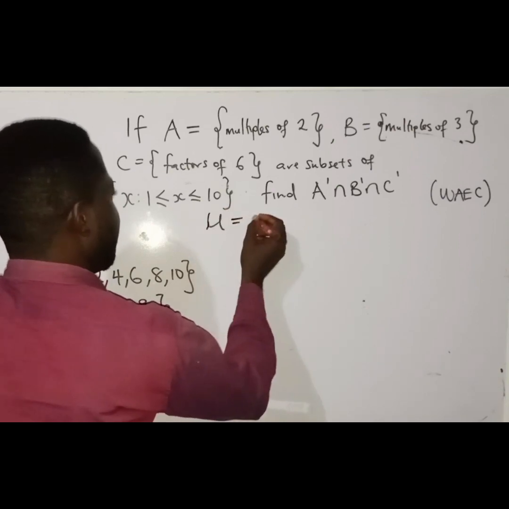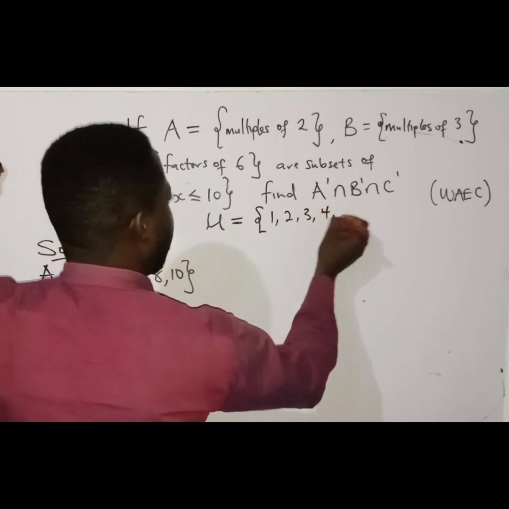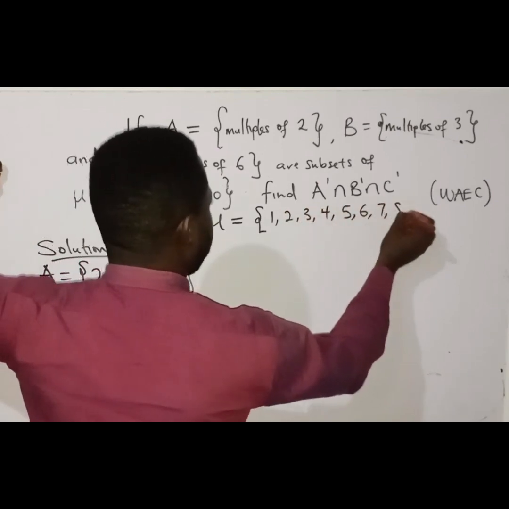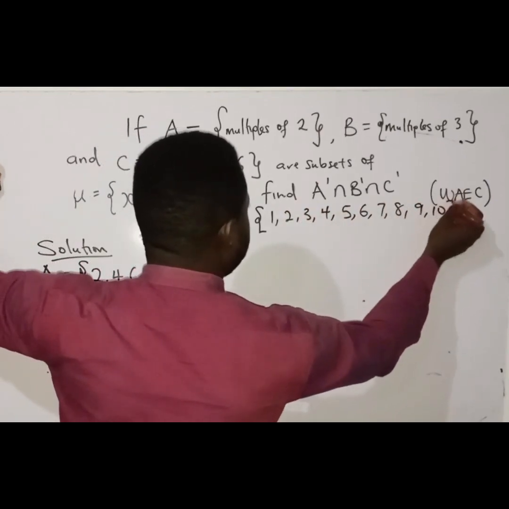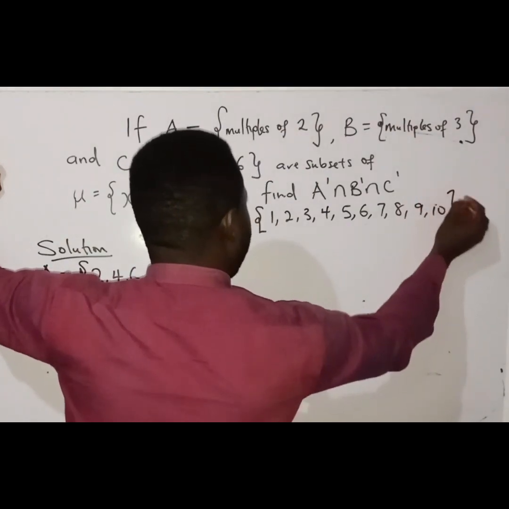That should be the first thing you do. The members of the universal set are 1, 2, 3, 4, 5, 6, 7, 8, 9, and 10.